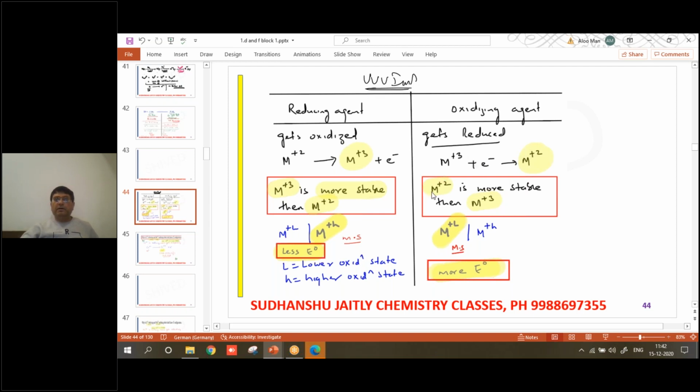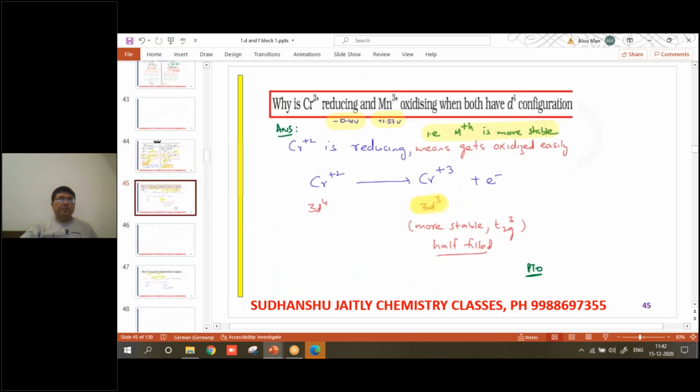The lower oxidation state is more stable, more E naught, more delta H. For example, I have brought these questions from your syllabus. Why chromium plus 2 is more reducing and Mn3 is oxidizing while both have D4 configuration?